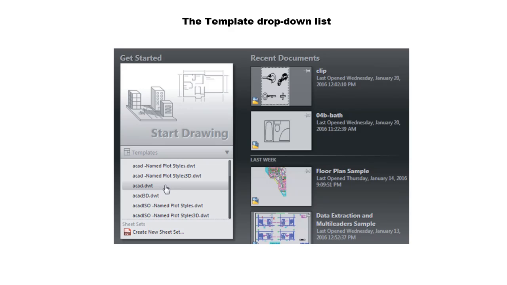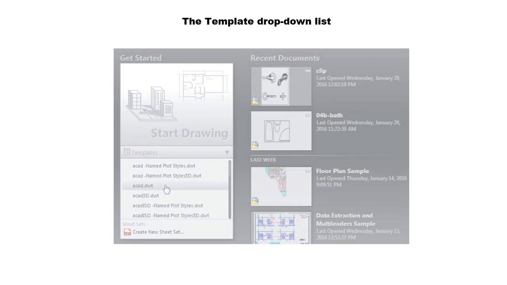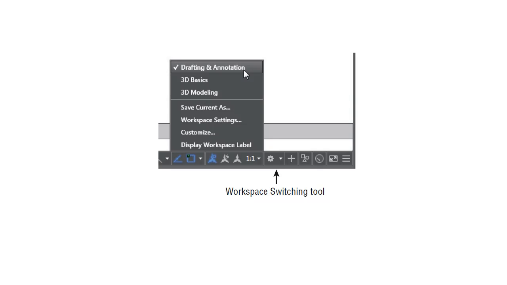You could also click the Start Drawing icon, but we ask you to use the ACAD.DWT or ACAD ISO.DWT template to ensure that you're set up with the same defaults as in the next exercise. Second, make sure that you're in the Drafting and Annotation workspace. Click the Workspace switching tool in the status bar and select Drafting and Annotation.